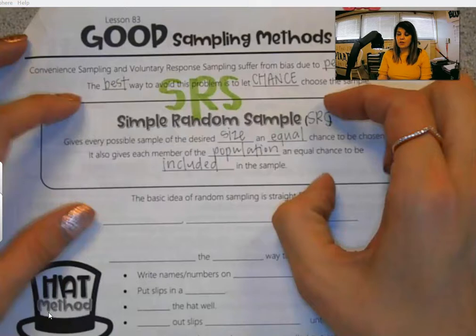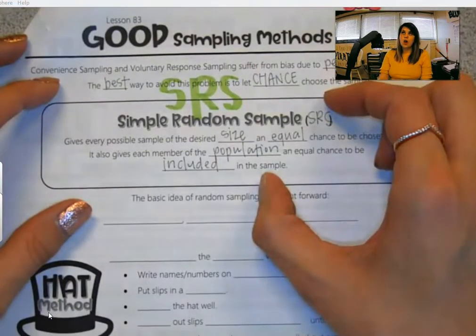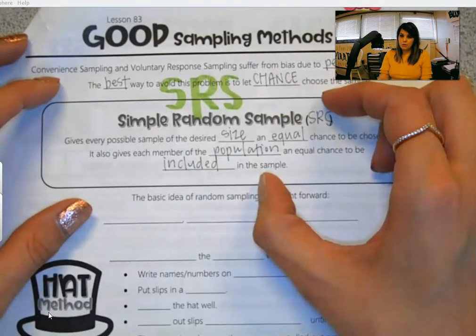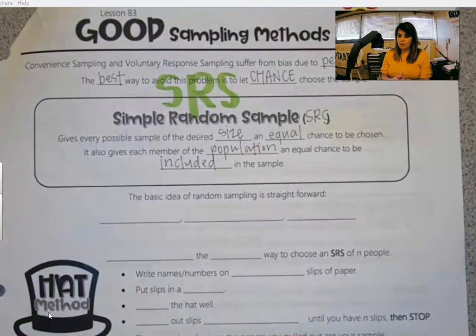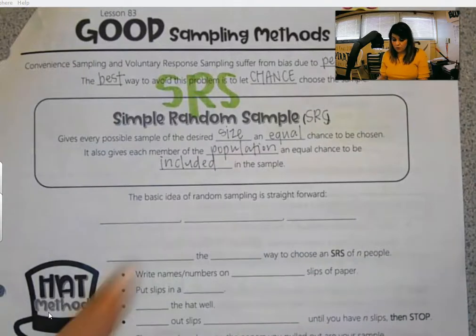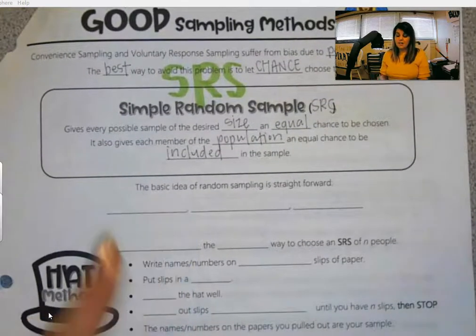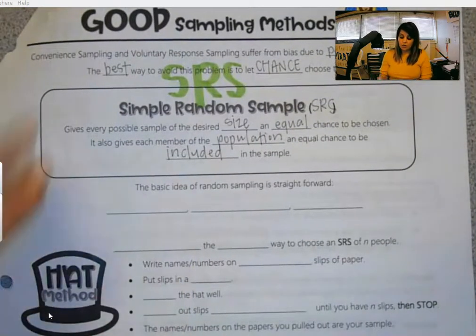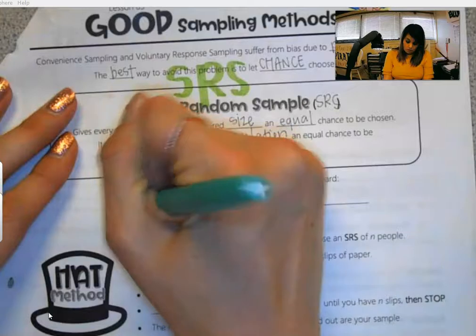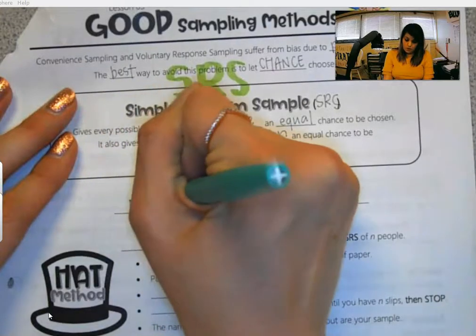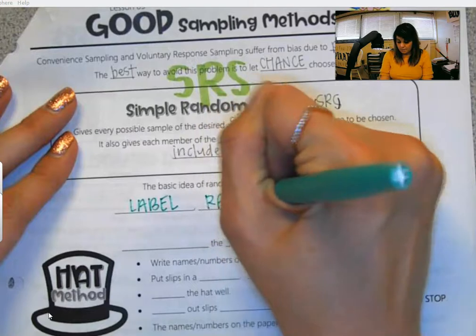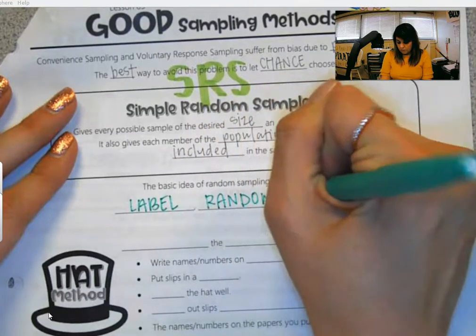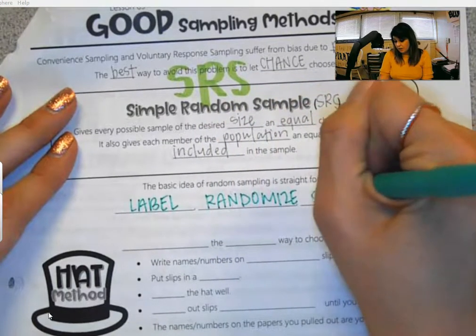This description can be a little bit hard to wrap your mind around. So the biggest takeaway from a simple random sample is that you have to label. The basic idea is that you label the members of your population, you randomize, and then you select.